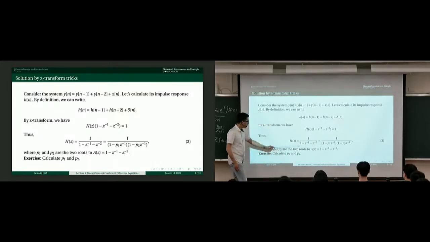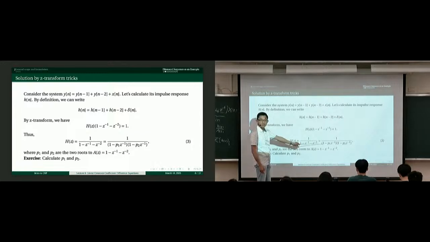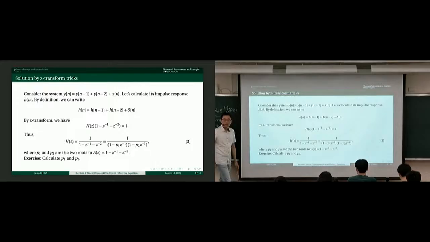And please do note that the leading coefficient of A of z is always 1 in this entire formulation. Please notice that this is 1 minus something. This is a1 coefficient, a2 coefficient. It's a second order polynomial. In principle, it should have 2 roots. And this is the way we express the factorization. And the 2 roots being P1 and P2. Take a look.